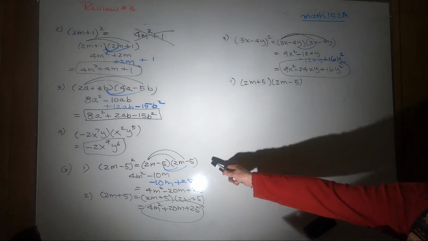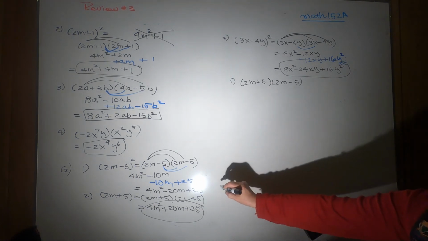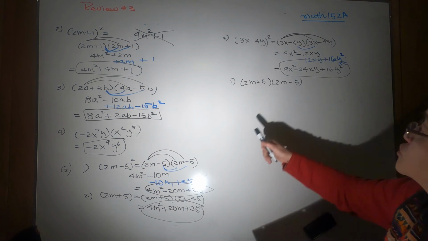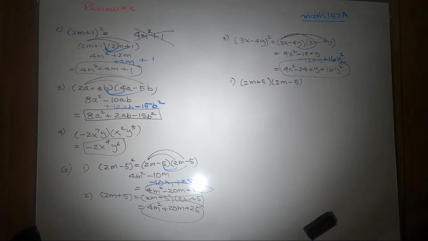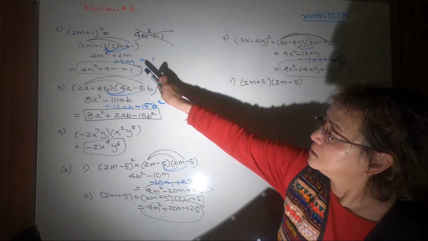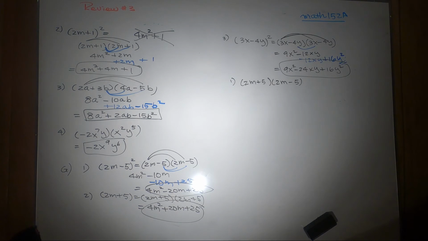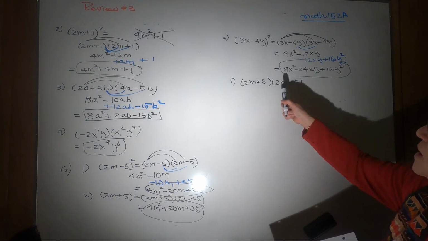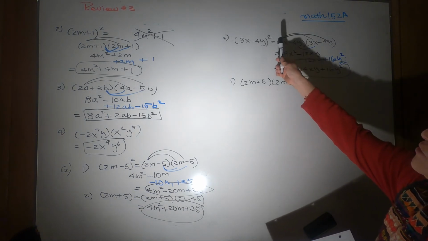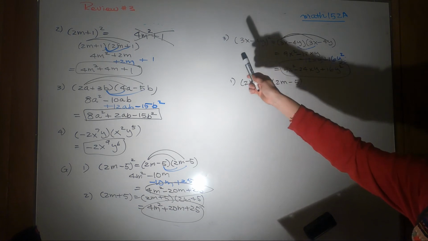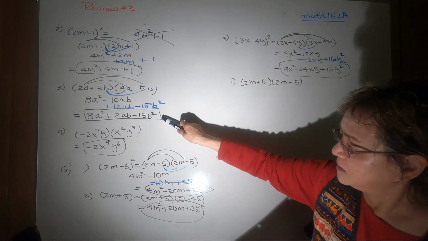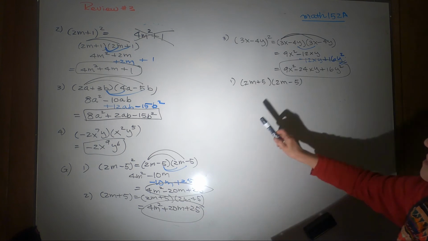Those are the same thing. You multiply twice, you will all end up what? A trinomial, right? So far, we all end up what? Trinomial, right? But this one will be different because one is plus, one is minus. If you multiply itself twice, you will all end up a trinomial, right?